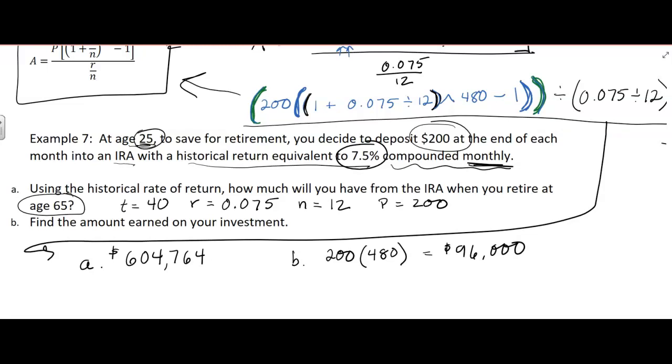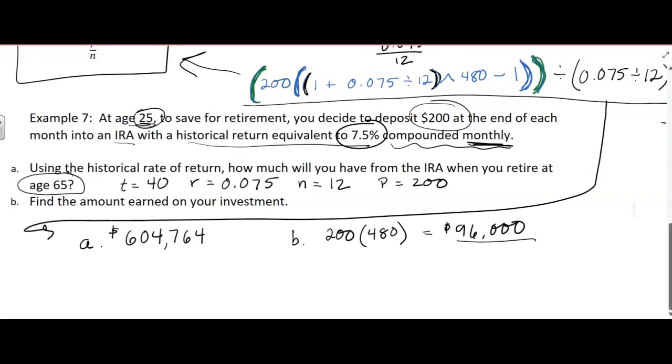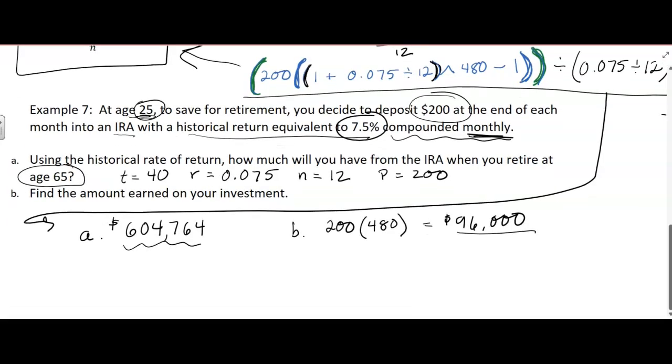So if you had just taken your $200, you didn't invest it, you just put it under your mattress, and you did that for the whole 40 years, every month you put $200 under the mattress, then you would have gotten $96,000. But you invested, so you got more money. So you got that much more money. Now, how much did you earn then? Your earnings are going to be the 604,764 minus 96,000.